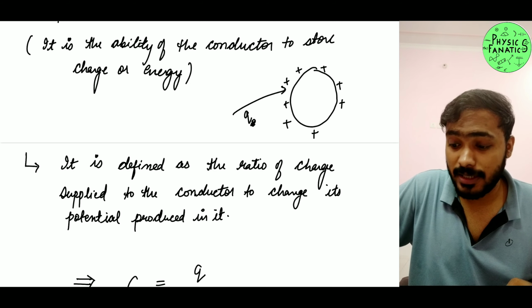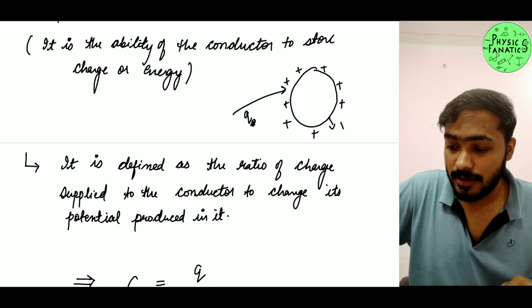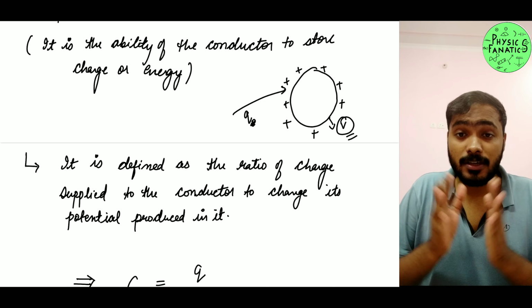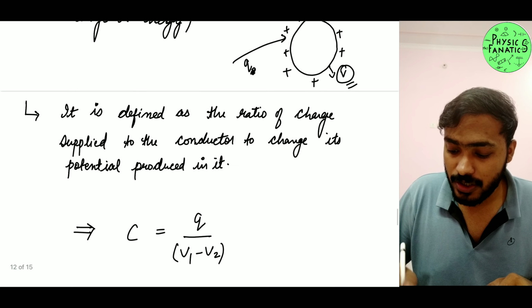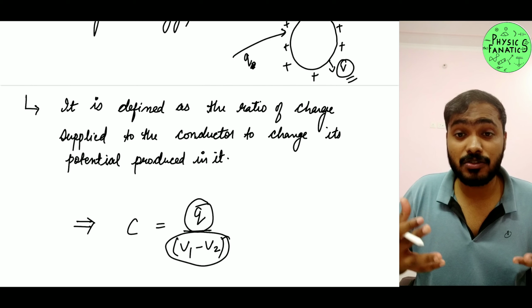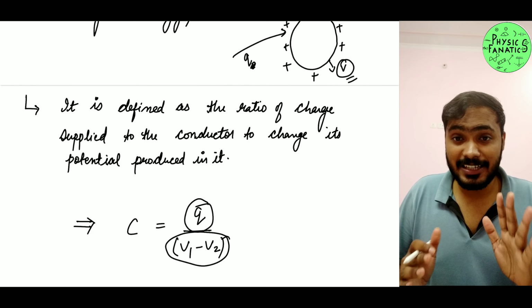Because of the Q charge, it will gain some potential, let's say V. So your capacitance is defined by this ratio: how much charge you're giving, to the change in its potential. I hope that is understandable.